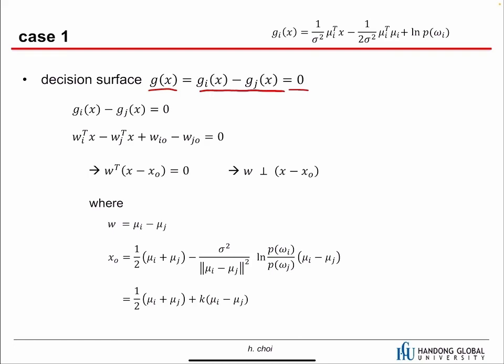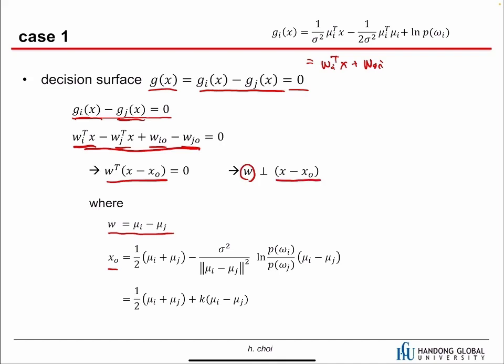When this is 0, from this equation, g sub i is w_i transpose x minus w_i0, and g sub i is here and g sub j is here. Now if we define w in this way and x naught this way, then this equation becomes this one, which means w should be orthogonal to x minus x naught.